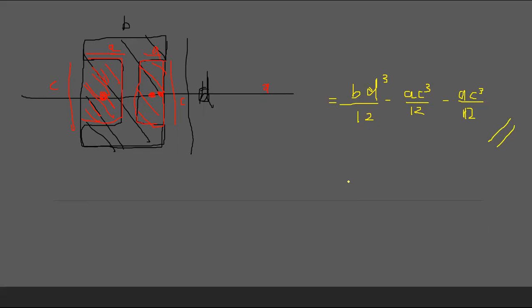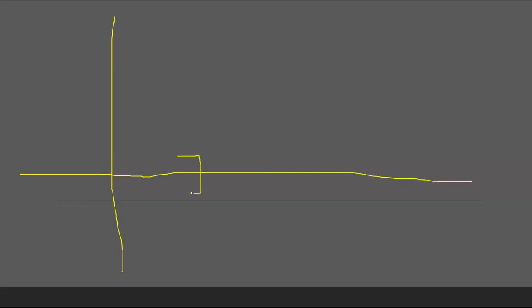So you have to be concerned about what you are doing, right? If you have some area like this, let's say this is X, this is Y, and this is the centroid. So Ixx is now what?